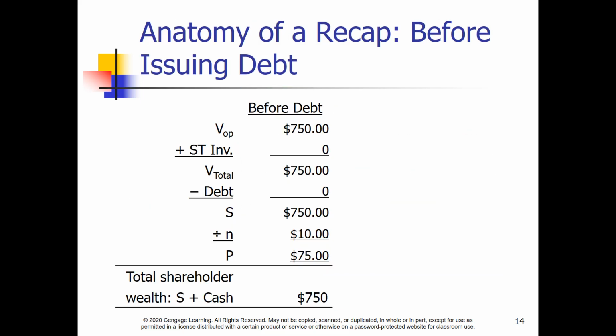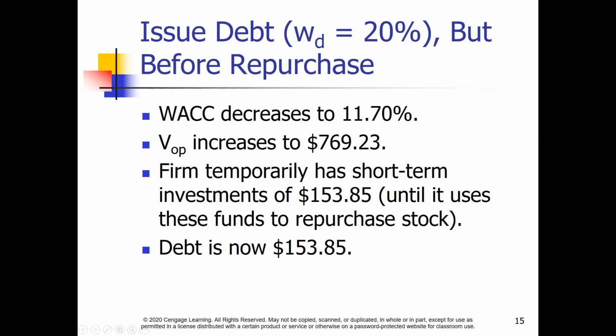Now to the recapitalization. Here's the situation for Pizza Palace before issuing any debt. When the firm issues debt equal to 20%, the cost of capital decreases to 11.7. The value of operations increases to 769.23. The firm parks the proceeds of the debt issue in short-term investments equal to $153.85 million.